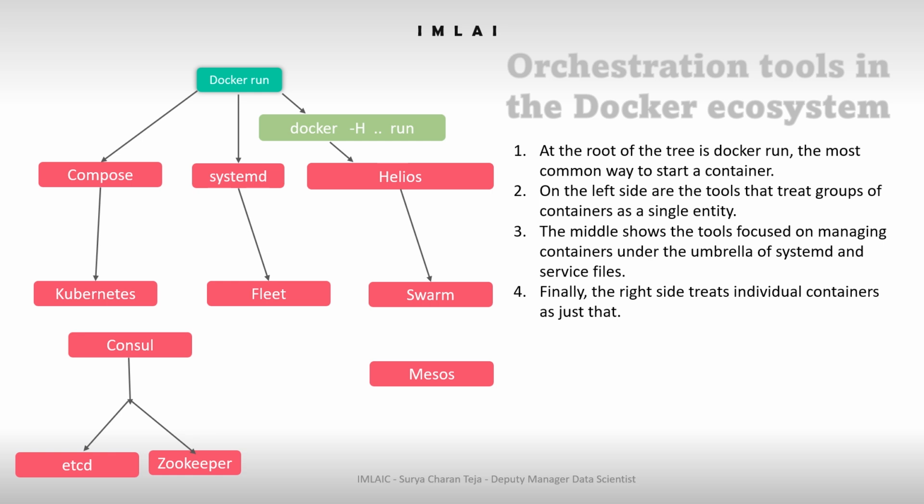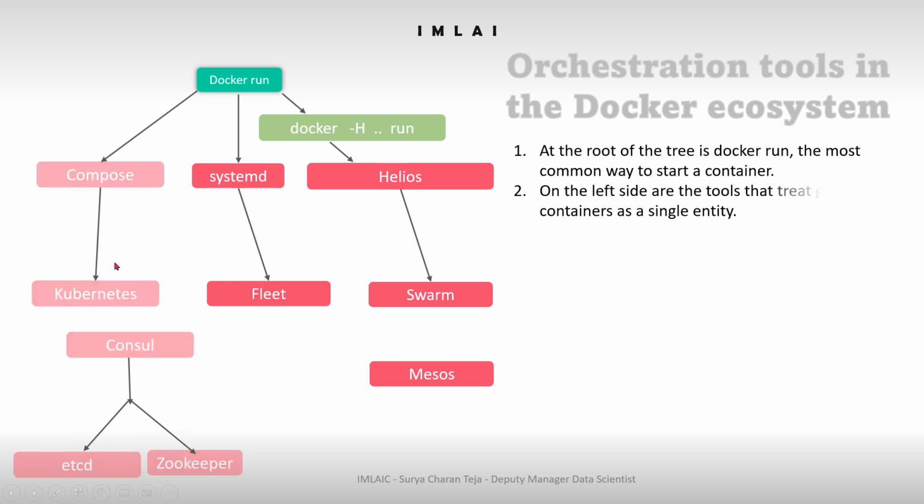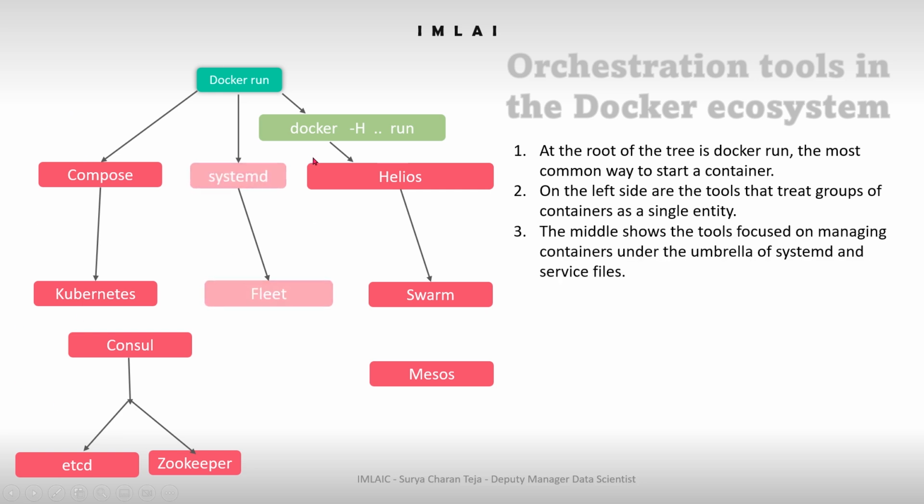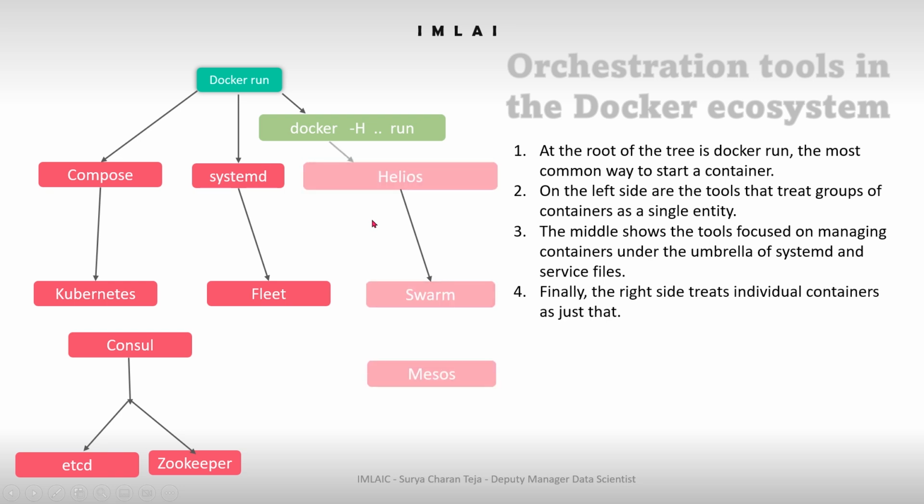So here we have seen three types. One, the leftmost: Compose, Kubernetes, etcd, Zookeeper, which treat groups of containers as a single entity. At the center, we have the tools based on systemd. And on the rightmost we have Helios, Swarm and Mesos, which deal with these containers as individual entities.